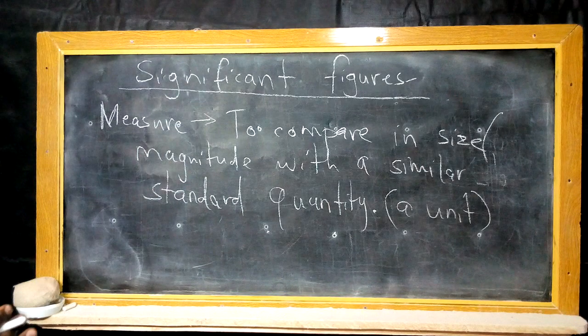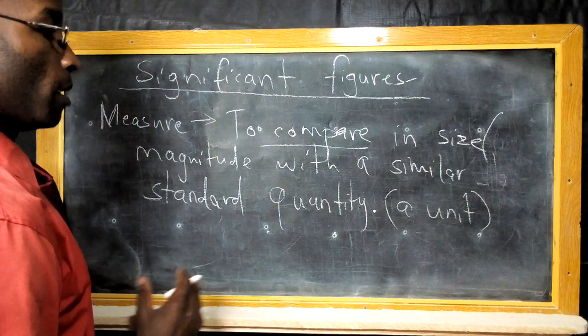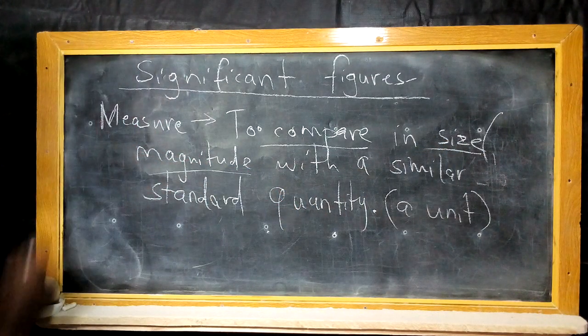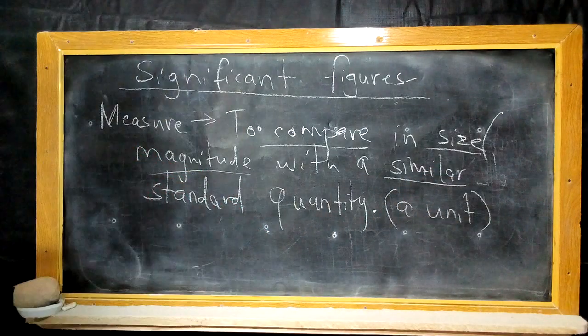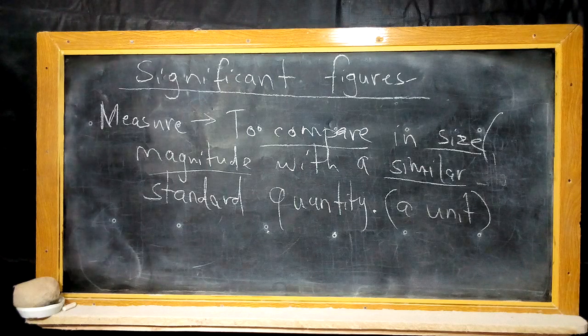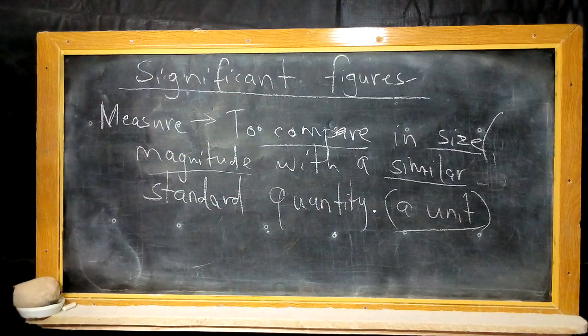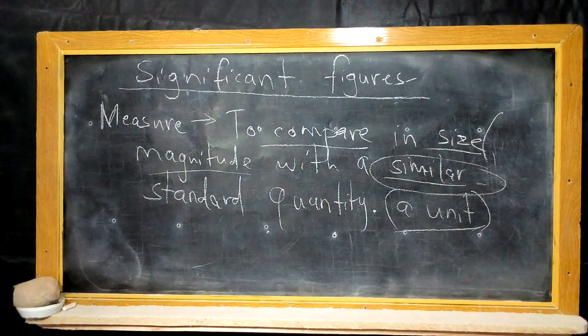So there are some terms which are being introduced here which are going to bear relevance. The first term that we come across is to compare, which means there are two aspects which are being looked into. So to compare in size or magnitude with a similar, and this one also is important for us, with a similar standard quantity that is known as a unit. The term similar means that you compare things that possess a similar attribute or which are in nature the same.